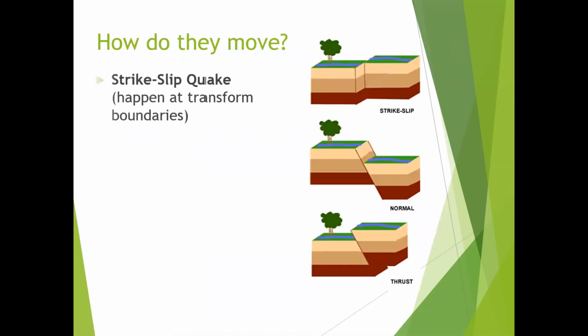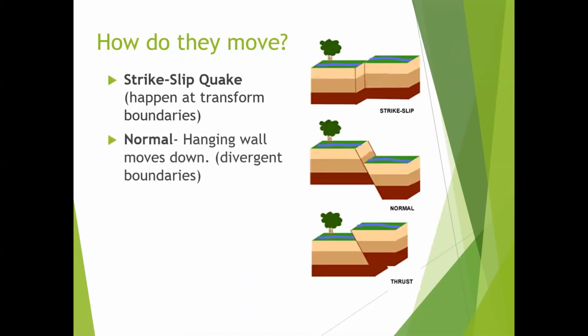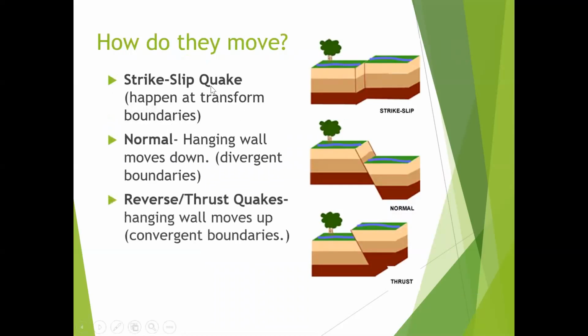So now let's talk about different types of faults. The first one is the strike slip quake or fault, and it's going to happen at the transform boundaries. This is when the two plates are sliding past each other. This is going to be a normal fault, and this is where the hanging wall is going to move down.